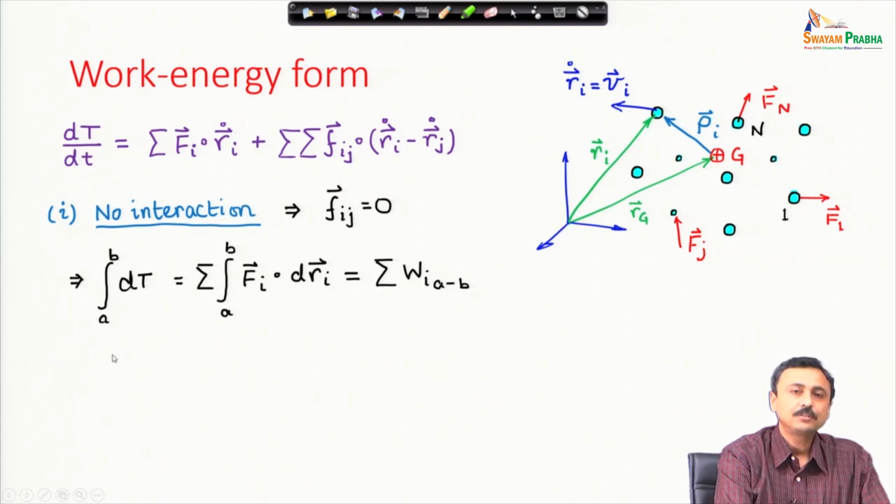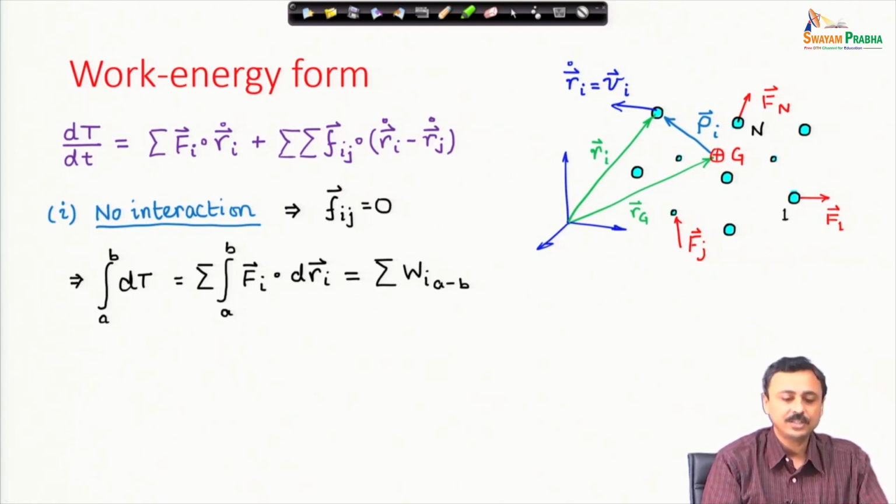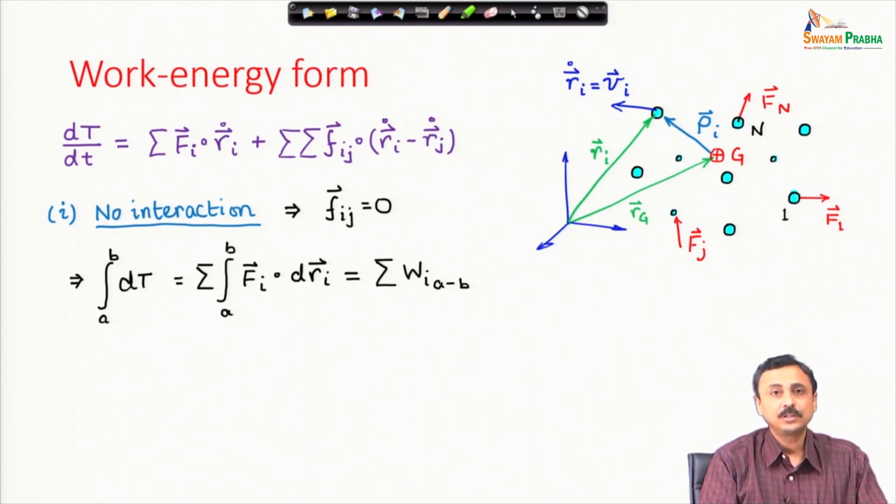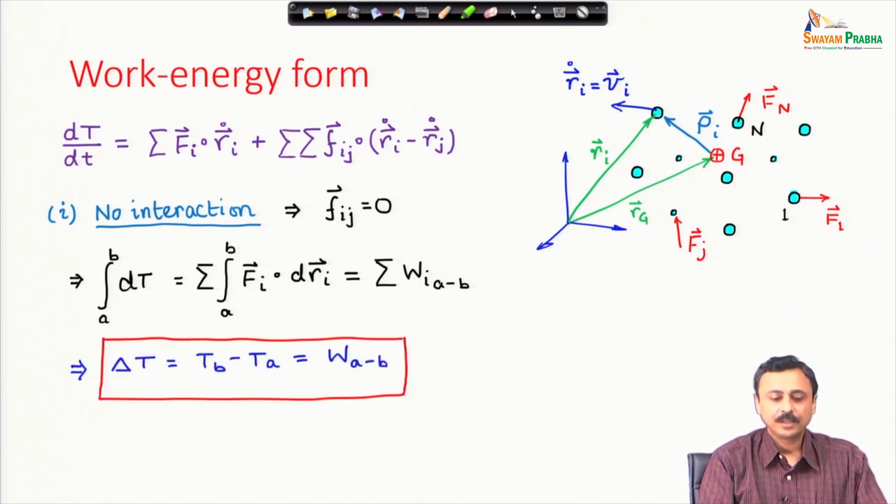Dt integral from A to state B is the change in kinetic energy as the system moves from A to B. On the right hand side it is Fi dot dri, which is the work done on the ith particle, and now this is summed over all particles as the system moves from state A to state B. Therefore, this is the sum of work done on the particles summed over all the particles.